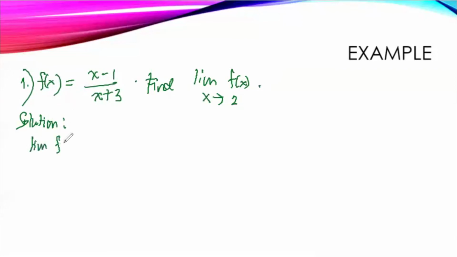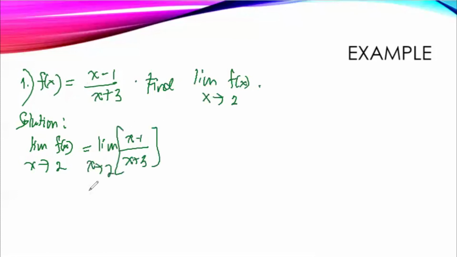The limit of f of x as x approaches 2 is simply equal to the limit of what? What is our f of x? It is x minus 1 over x plus 3 as x approaches 2. Applying the ninth theorem, you have to get the limit of the numerator, x minus 1, as x approaches 2, over the limit of x plus 3 as x approaches 2.